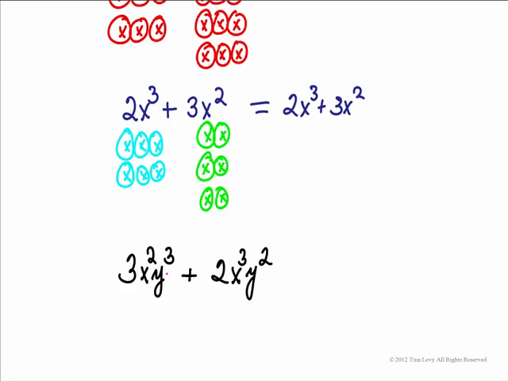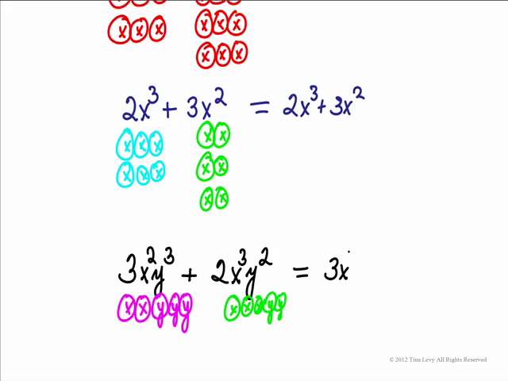Although the degree of these terms is the same, it's 5, these are 3 x, x, y, y, y molecules, and they are different than x, x, x, y, y molecules. They're different, so we can't count them as the same. So this just gets written the way it was given. They can't be combined.